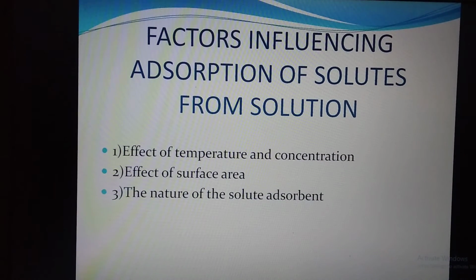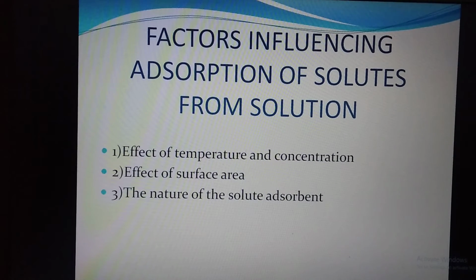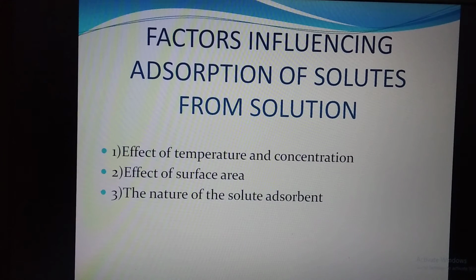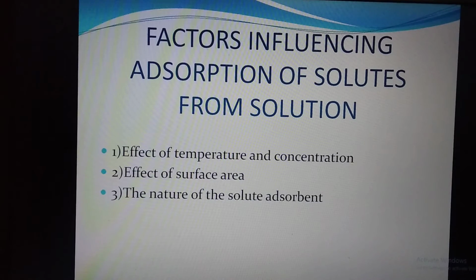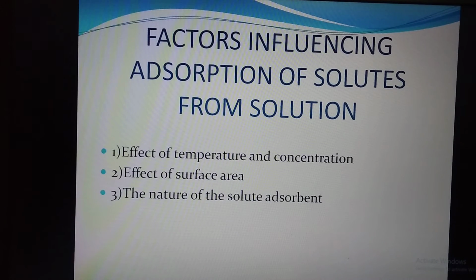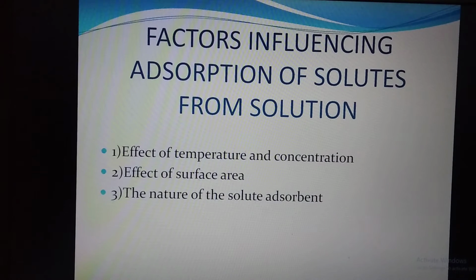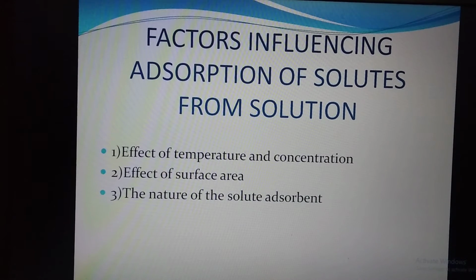Okay, next we want to know clearly about positive and negative adsorption. Negative adsorption of substances from the solution, meaning the solute, decreases with rise in temperature.